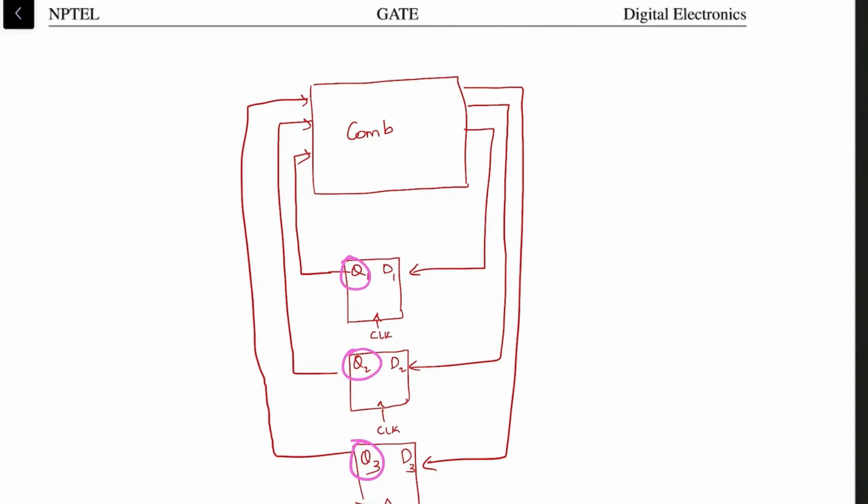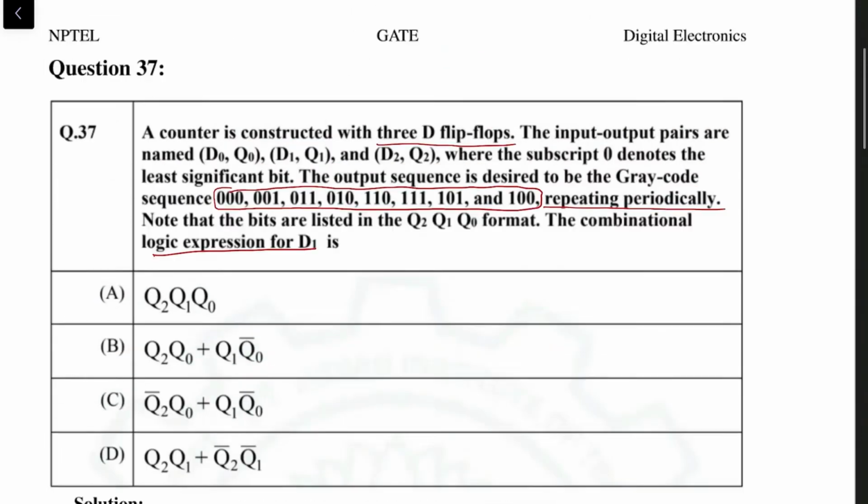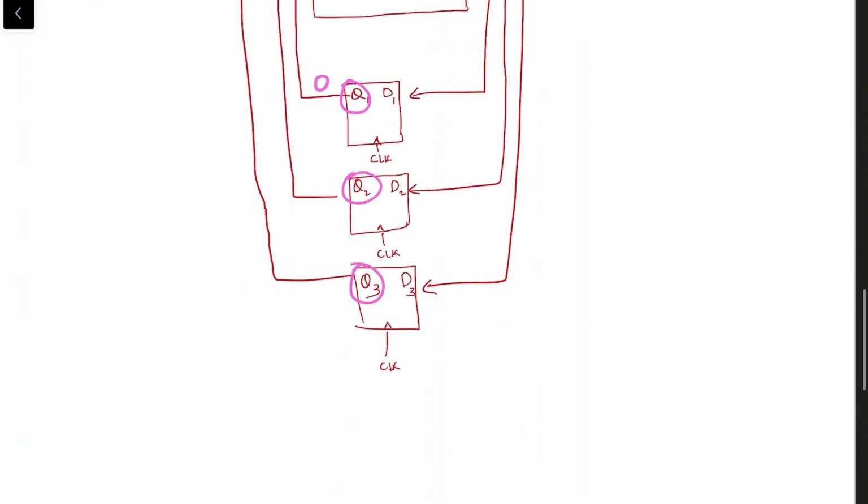We don't have Q3, Q2 and Q1. So we've got Q0, Q1 and Q2, and similarly D0, D1 and D2.